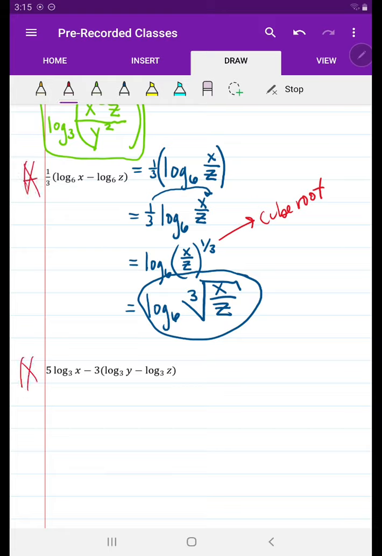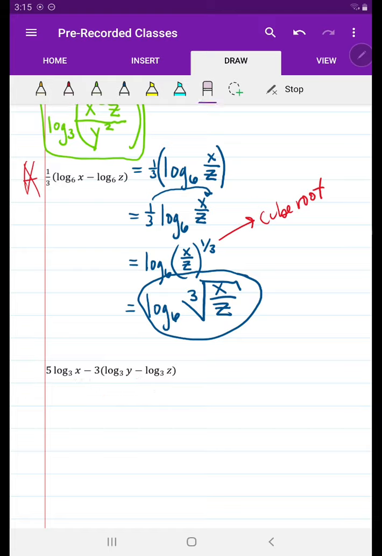The reason it was okay to deal with what was inside the parentheses first was because what we had outside of the parentheses was positive, so that wasn't going to change anything inside. But in this example down here, we've got a negative. And you know from all of your experience in algebra, when you distribute a negative, that's going to flip your sign. So we really should deal with that first. Sorry for the confusion.